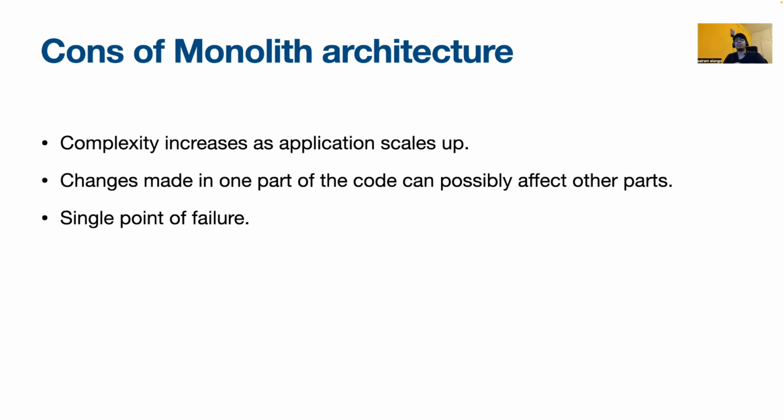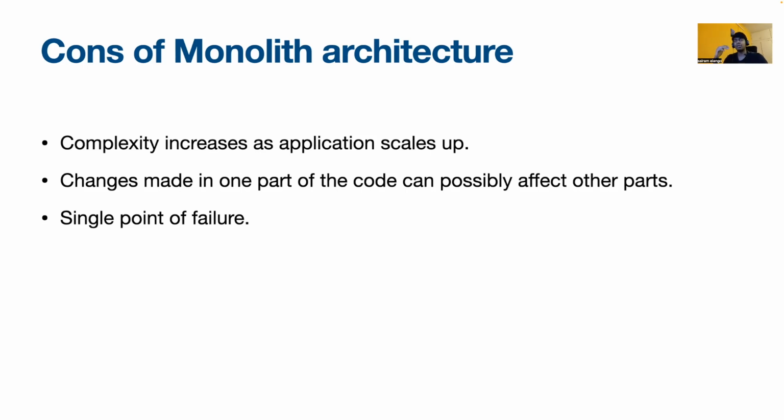For example, if a particular function is tightly coupled with another function, and while you're trying to enhance a particular module you don't realize its dependency on the other modules, you will end up crashing your entire application. Which comes to my last point, single point of failure. Your entire application is based out of a single code base and a single project. So if your project fails, then your entire application will fail in monolithic software architecture.